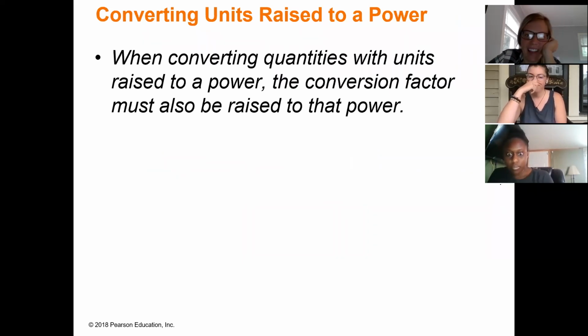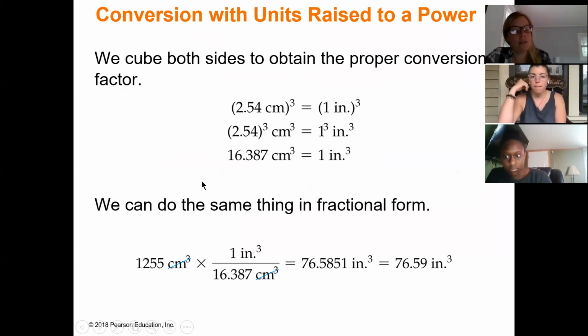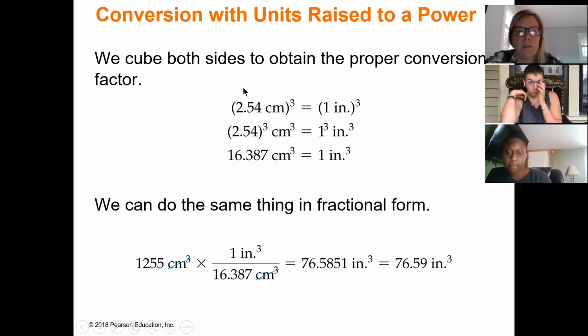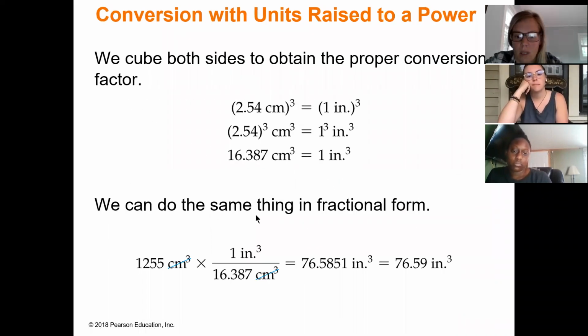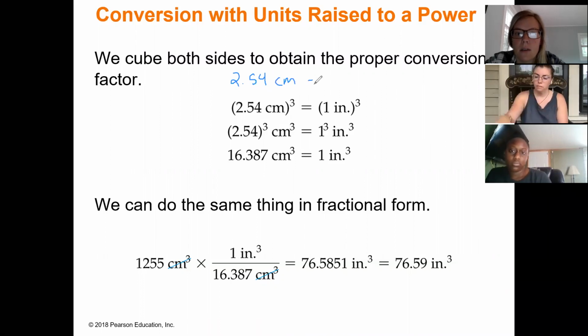All right. When converting quantities with the units raised to a power, the conversion factor must also be raised to that power. So let's say we have this conversion factor: 2.54 centimeters is equal to 1 inch, okay?